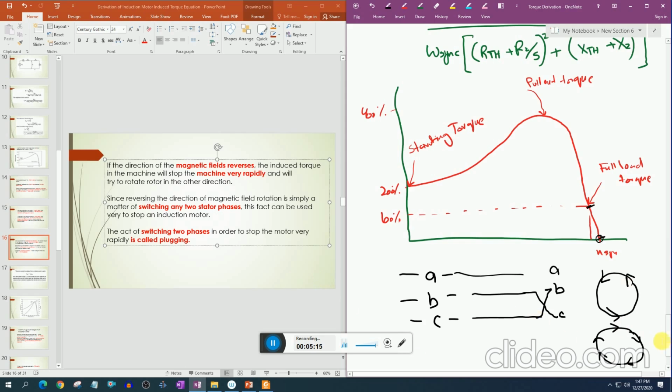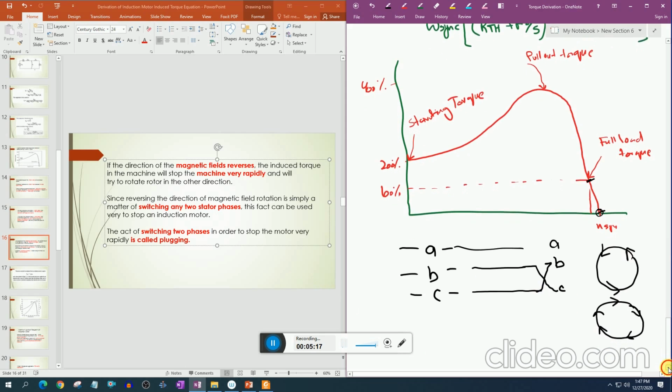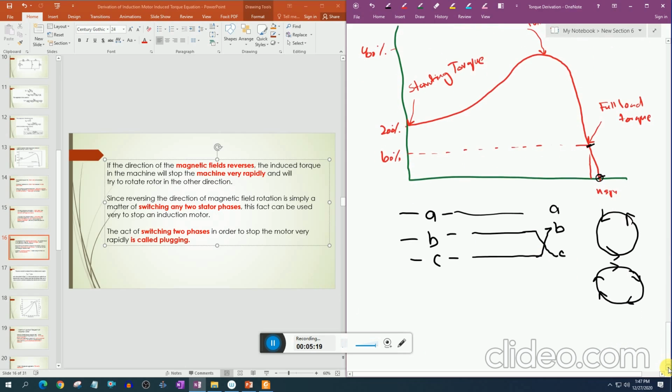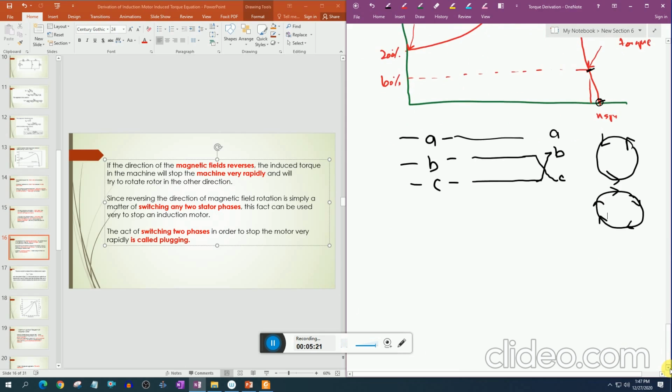This process is used to stop the rotor very rapidly. For example, now the synchronous speed is in the other direction and the rotor is moving in this direction. Since synchronous speed is reversed, it will stop the rotor immediately, and this process is known as plugging.